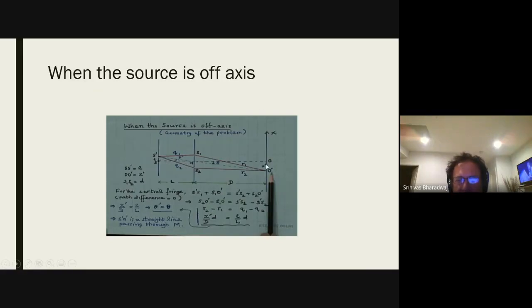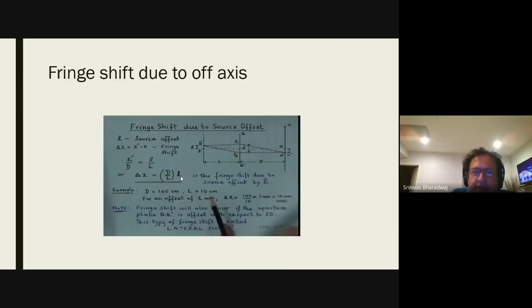X prime is the level to which this is shifted, and by capital D it is proportional to the ratio little L by L. How much you shifted here is how much you will shift there also. Your fringe shift will also be corresponding. Okay, and so that should be quite obvious to you.